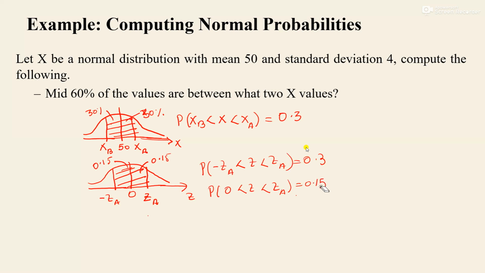Now you take the table and look where 0.15 is located in the area.